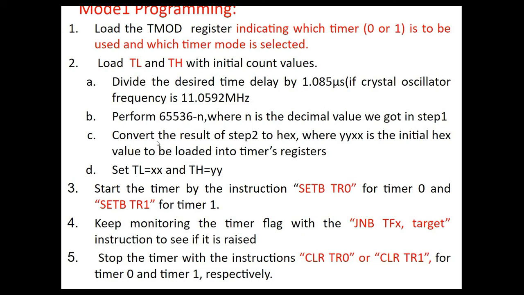In step B we calculated in decimal, so we need to convert that decimal value into hexadecimal as YYXX. In that, XX is the value to be loaded into the lower byte of the timer register and YY into the higher byte.